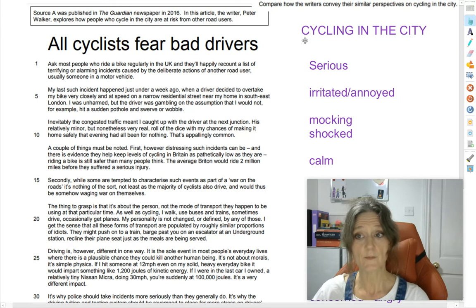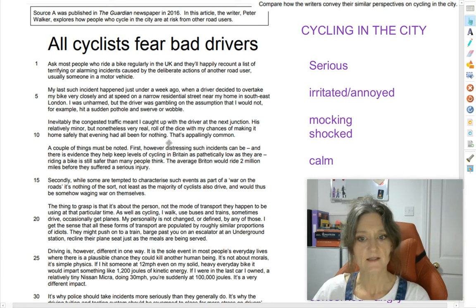Okay, so remember, our focus is cycling in the city. Compare how the writers convey their similar perspectives. So here he's irritated and annoyed. In the next one, I've put he's quite mocking, but also quite shocked as well. And if you see here, "I caught up with the driver at the next junction." So he's almost mocking the driver there.